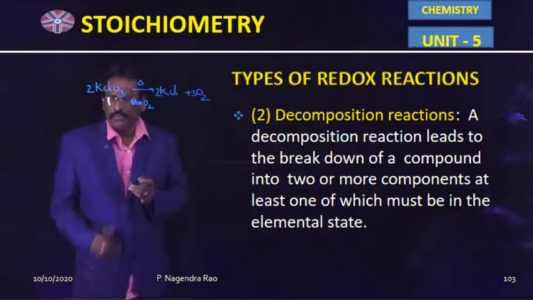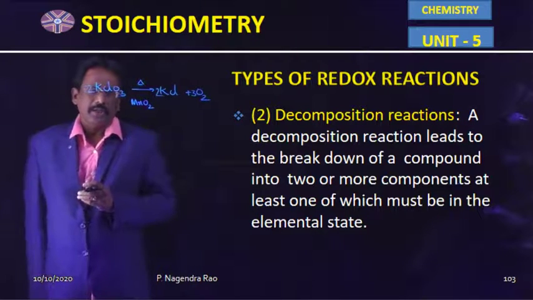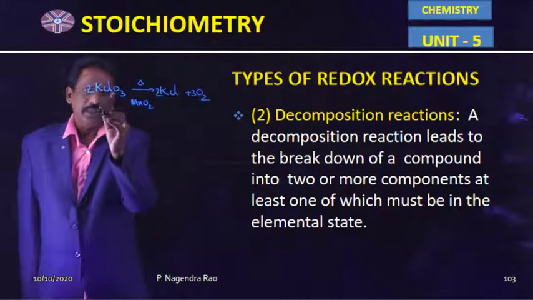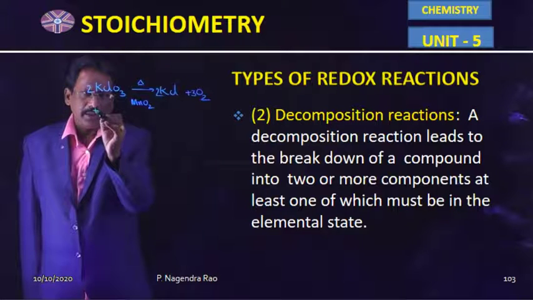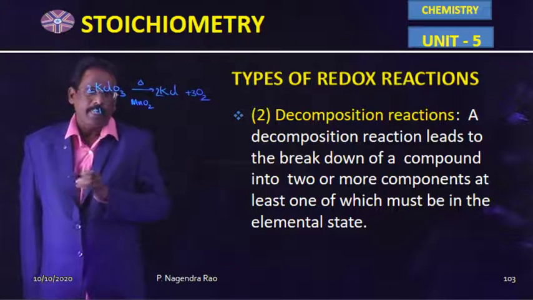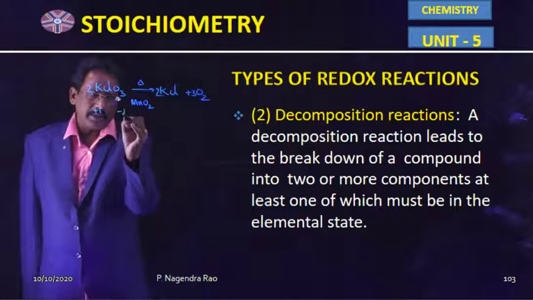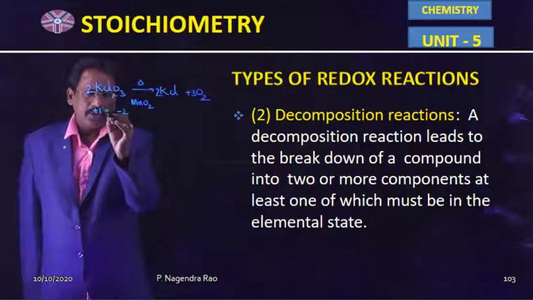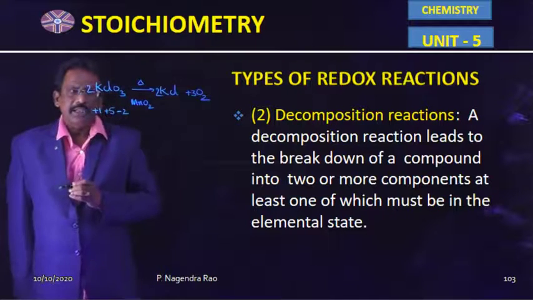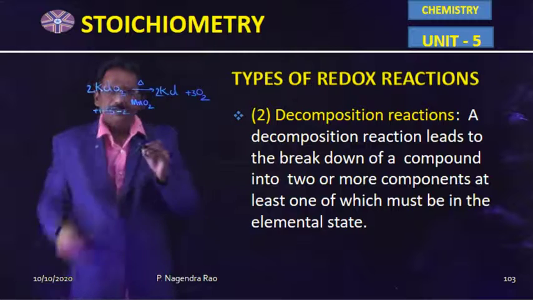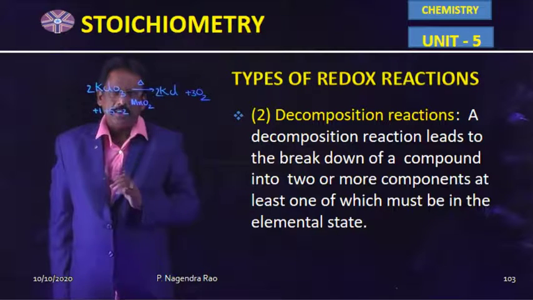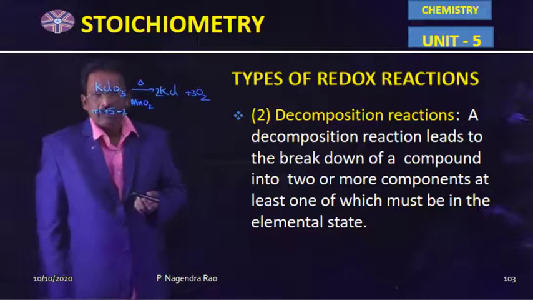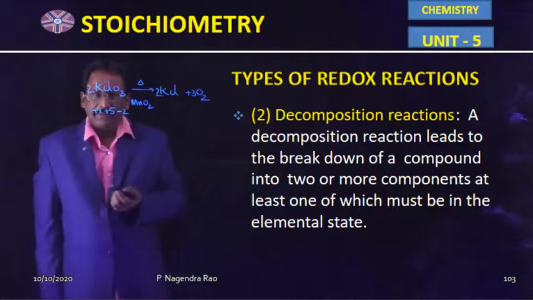It is also one of the examples of a redox reaction, because in KClO3 potassium oxidation state is +1. Oxygen oxidation state is -2. So in KClO3 the chlorine oxidation state is +5, because 1 plus x minus 6 is equal to 0. Therefore chlorine oxidation state in potassium chlorate is +5.